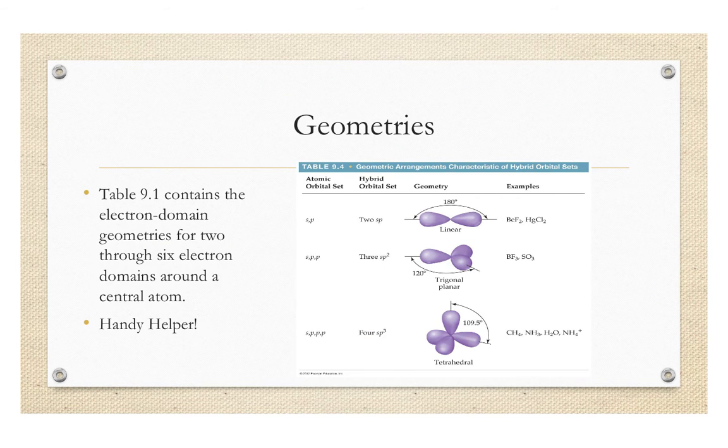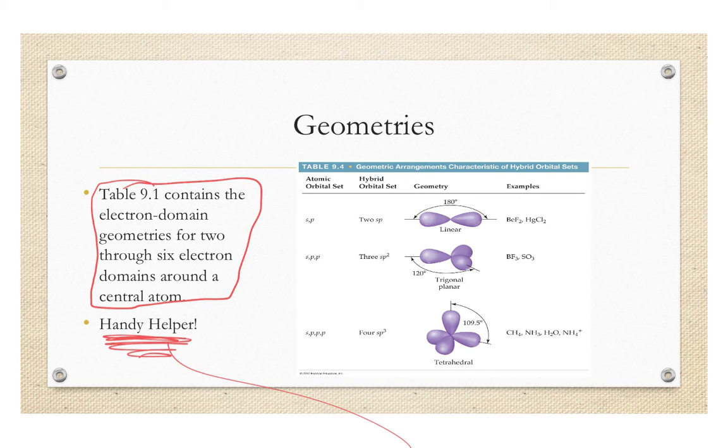So in your textbook, table 9.1 contains the electron domain geometries for 2 through 6 electron domains around a central atom. Also in Schoology, I have posted what I call the handy helper. The handy helper helps us get through these geometries quite quickly and figure out what we've got going on.